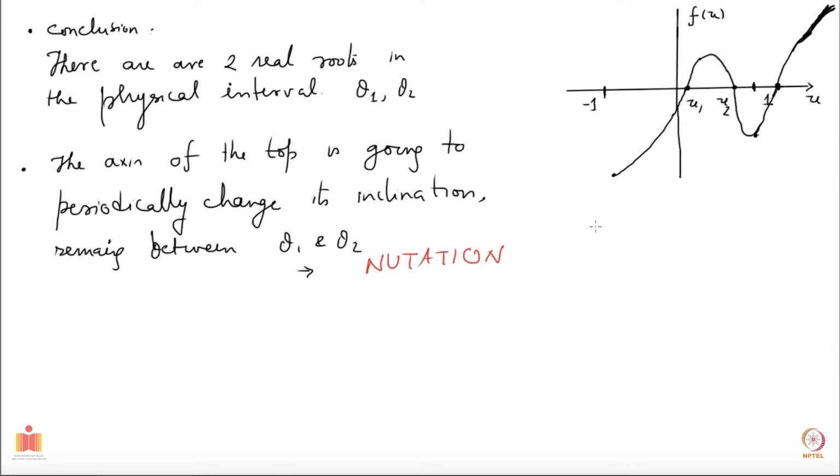We are not going to solve in detail the entire motion of the top, nor are we interested in it. I'm not so keen on knowing what the value of theta 1 and theta 2 will be, given the parameters we describe this top. I'm fairly happy knowing that the motion is such that the inclination is going to change with time, and it will remain between these two.